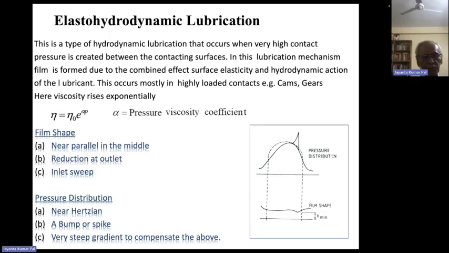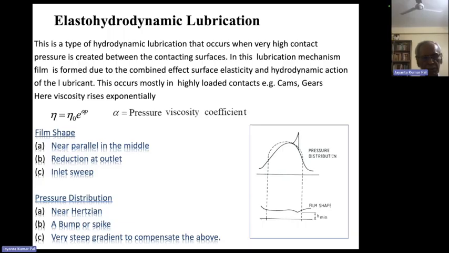Here one very important point is that the viscosity is modified due to high pressure. Viscosity at any instant is equal to eta naught e to the power alpha p. Eta naught is the initial viscosity, and in e to the power alpha p, alpha is the pressure viscosity coefficient. This is a typical property that can be obtained experimentally, and p is the pressure.